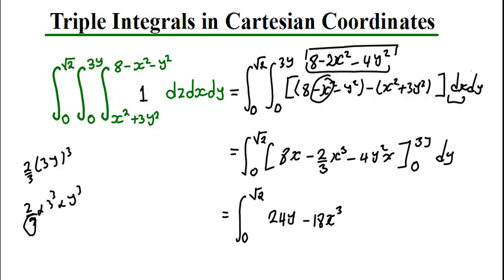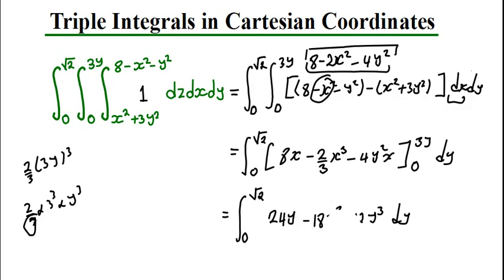Then for this part, if you plug in 3y where there's x, you're going to have minus 12y to the power 3, with your dy there. This can be simplified.